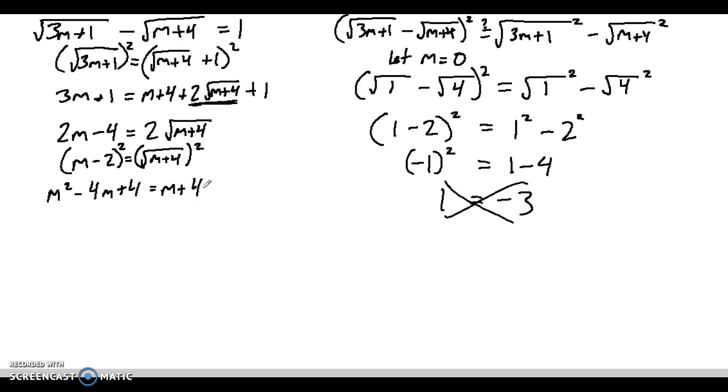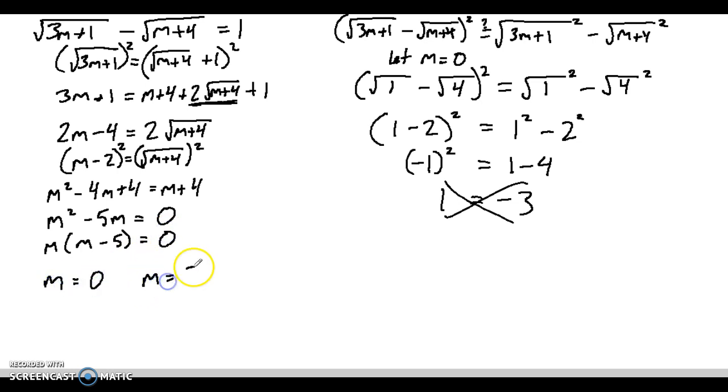This is a quadratic. I subtract everything over. m squared minus 5m. 4 minus 4 is 0, so we're left with that, and that factors nicely. So we have m equals 0 or m equals 5.